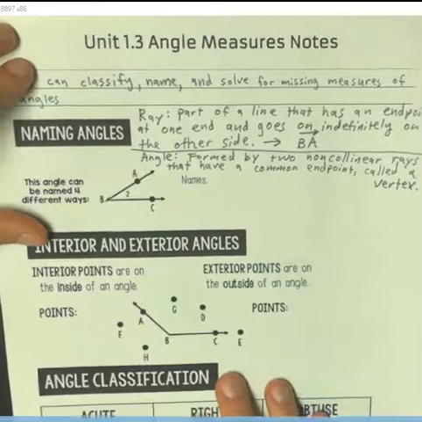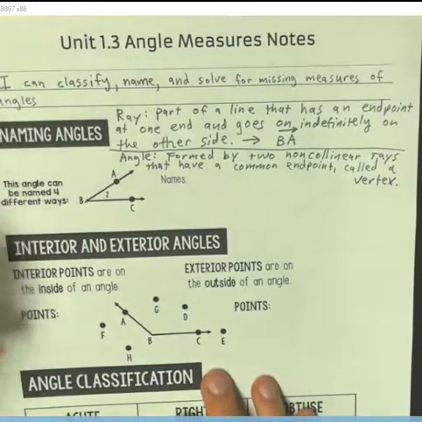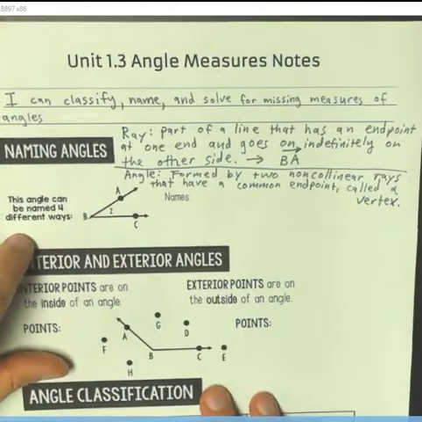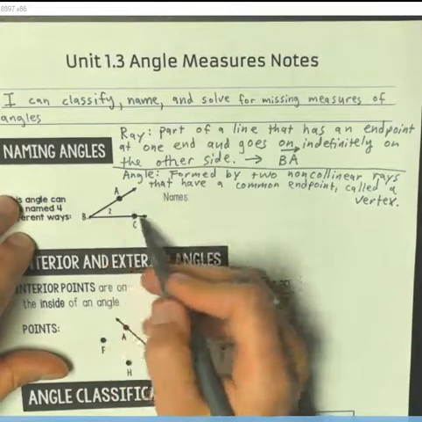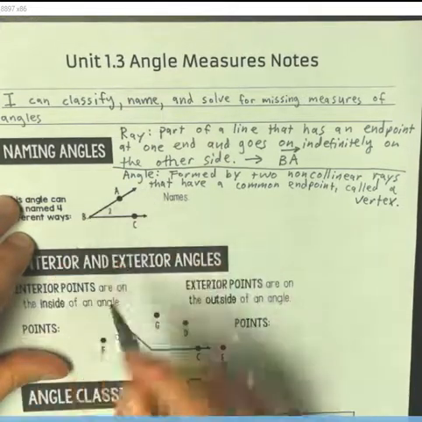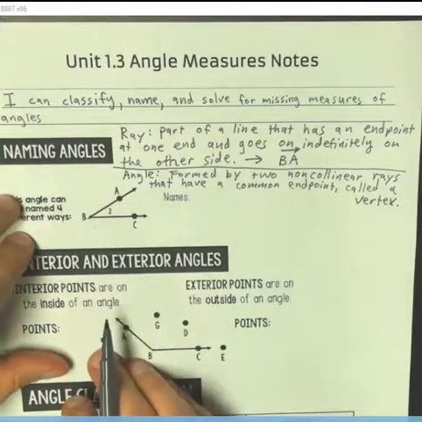So if I were to ask you what do you call the endpoint of two rays when they merge, that would be a vertex, right?